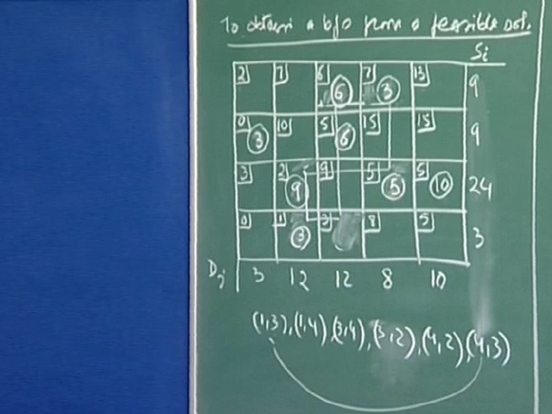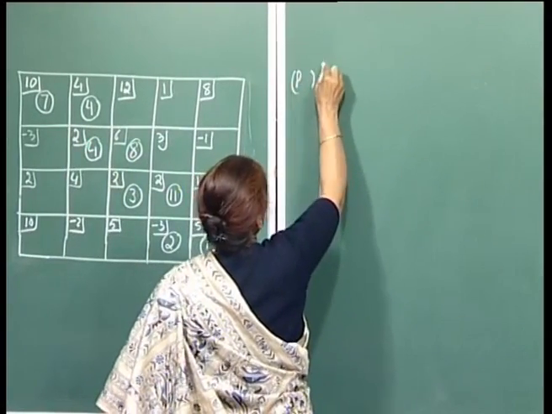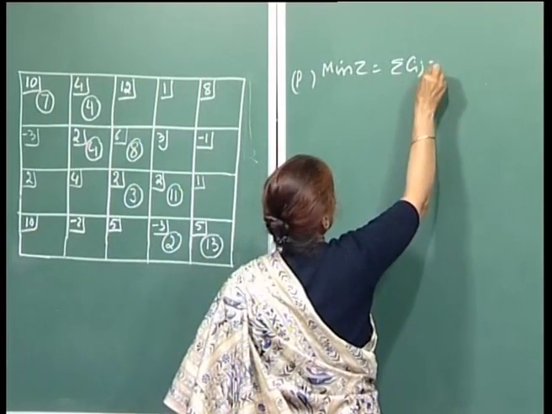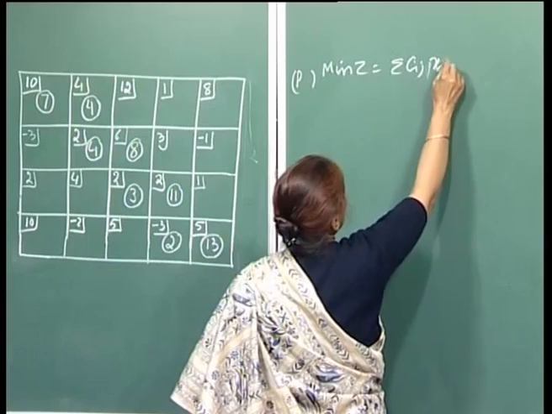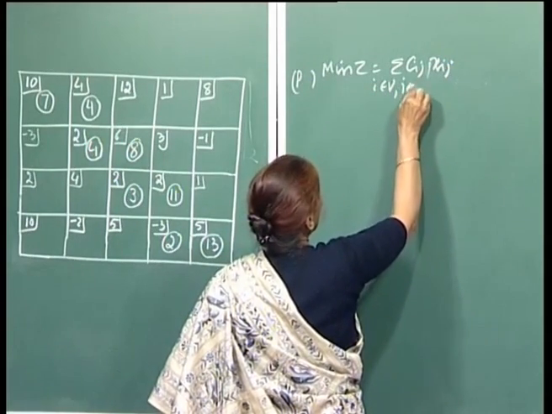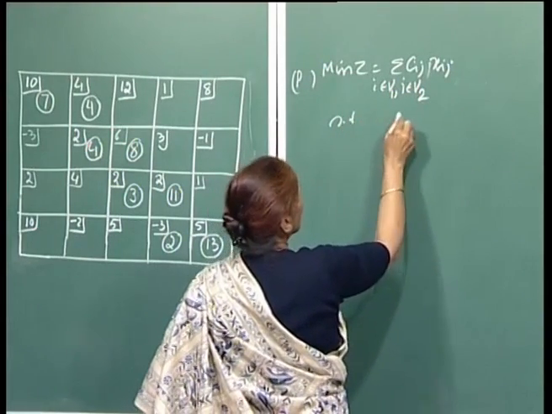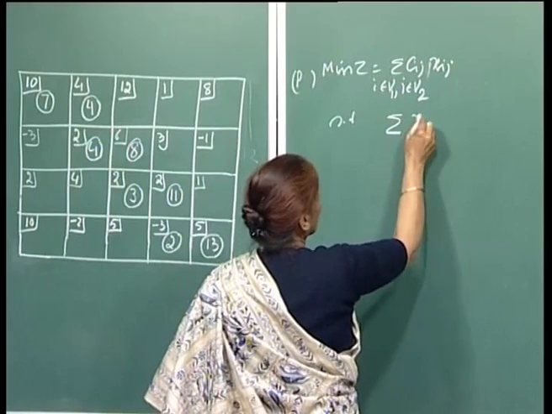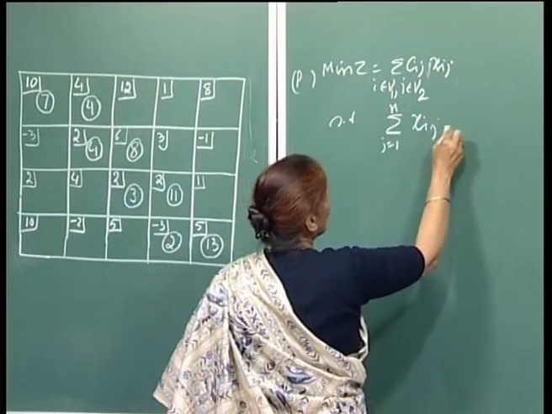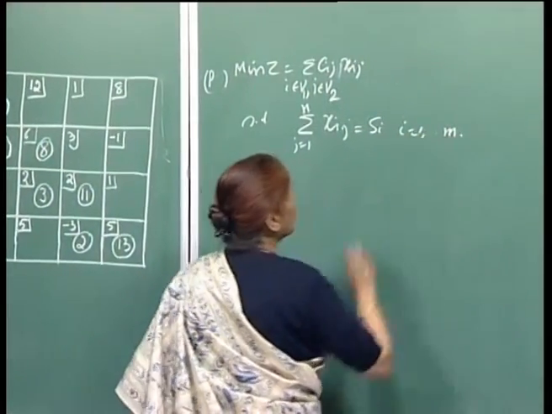So, we look at the dual problem. I will rewrite your transportation problem. Primal is minimize z equal to summation Cij Xij, right, where i belongs to your V1 and j belongs to V2, right, subject to summation Xij, j varying from 1 to n is equal to Si, i varying from 1 to m, right.